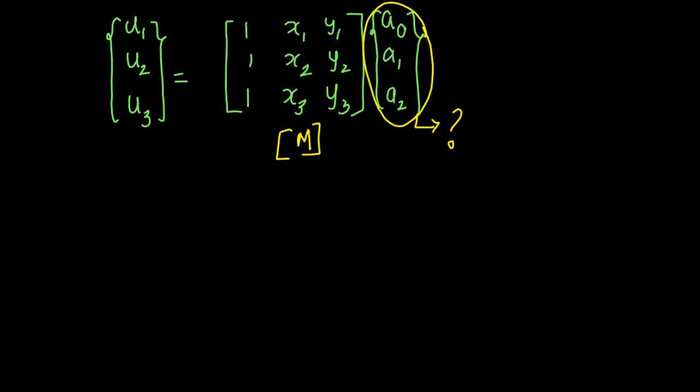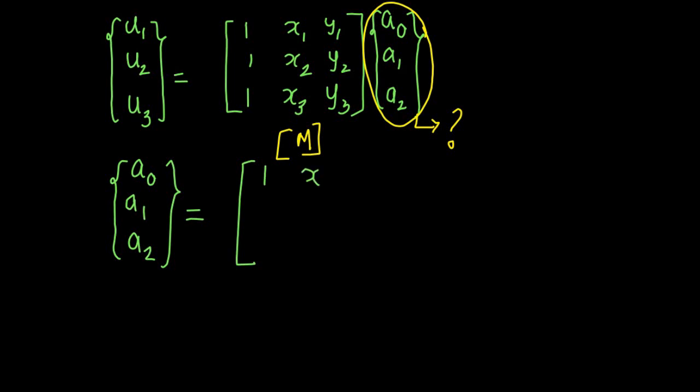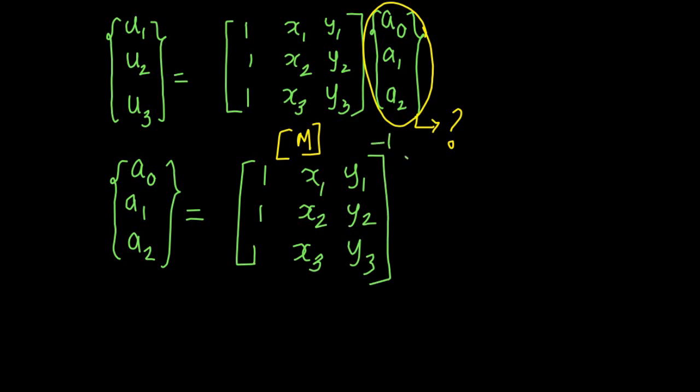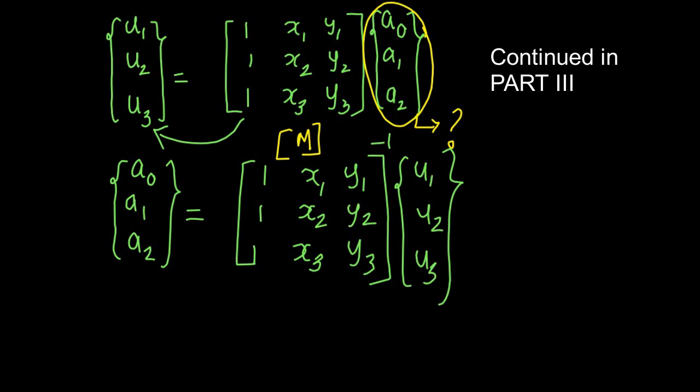So [a0 a1 a2] equals the inverse of the matrix with rows [1 x1 y1], [1 x2 y2], [1 x3 y3], times [u1 u2 u3]. So I have thrown this matrix to the other side. Now the question is, how do you find the inverse of your matrix?